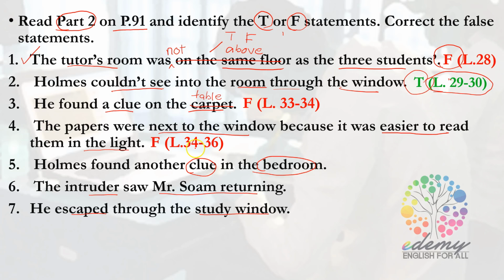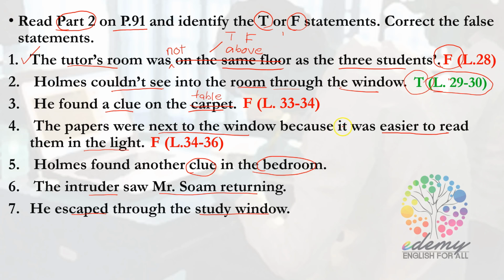Line 34: from your desk over the window table to copy them, because from there he could see when you were returning. It means that the paper was next to the window, not because it was easy to read them in the light, but because someone that took the paper wanted to see when Mr. Soam was returning, right? Based on this sentence.